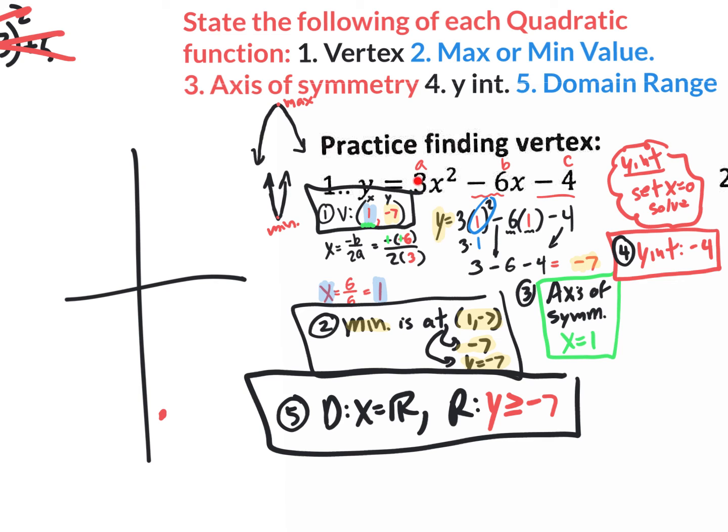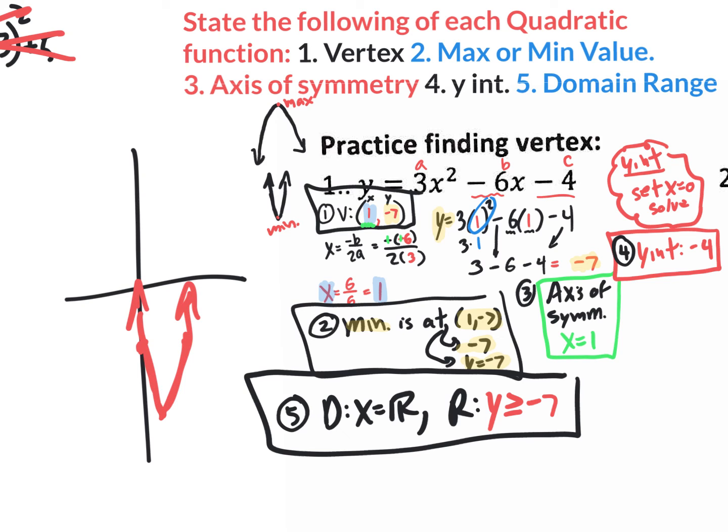I know that it's vertically stretched by 3, so it's going to be pretty skinny, pretty narrow, right? Not only that, because it's in standard form, I know that my y-intercept's negative 4. So if I actually go down to negative 1, negative 2, negative 3, negative 4 on the y-axis, I know it's going to cross right here. So I could actually put a dot right there at the y value of negative 4, map it over to the other side, and we got our pretty skinny graph right there.